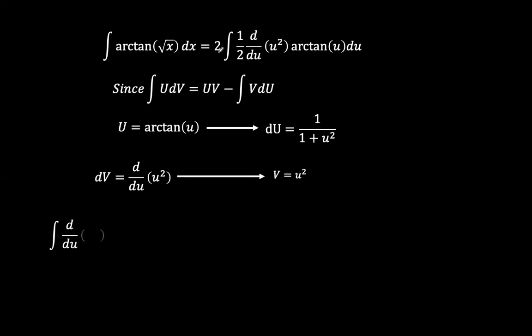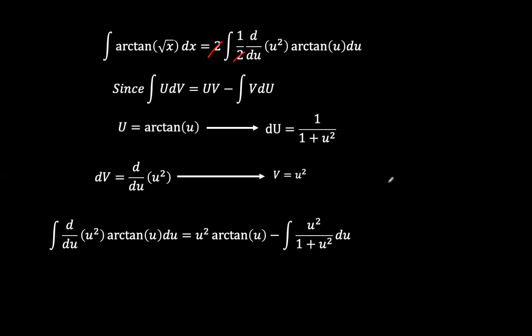And so since the 2 and the half here cancel, the integral of the derivative of u squared times arctangent of u is the same as UV, which is u squared times arctangent of u, minus the integral of V dU, so V here is u squared, dU is 1 over 1 plus u squared.